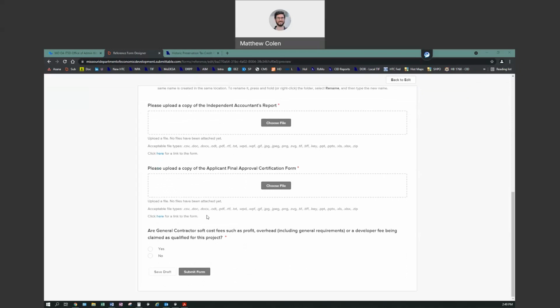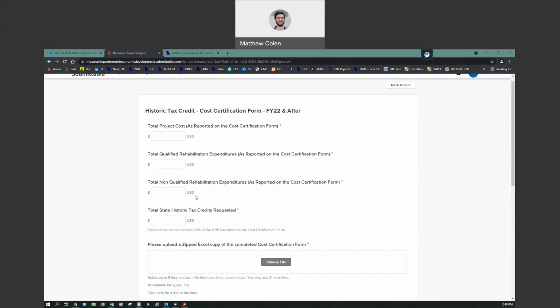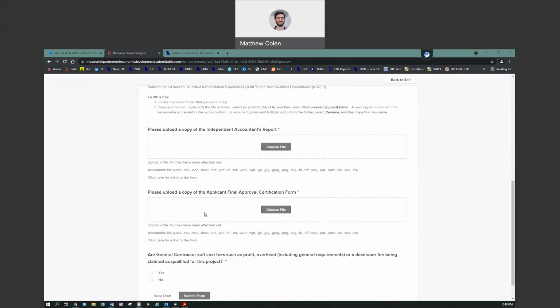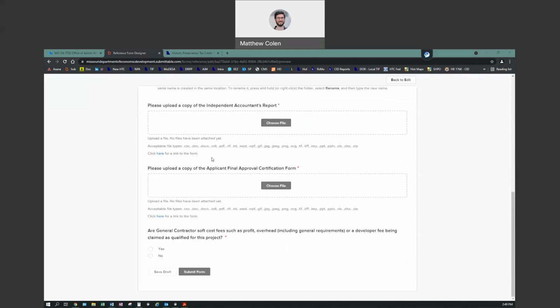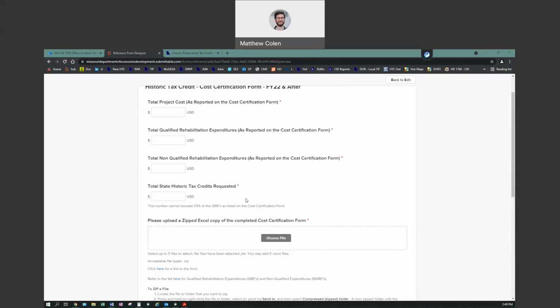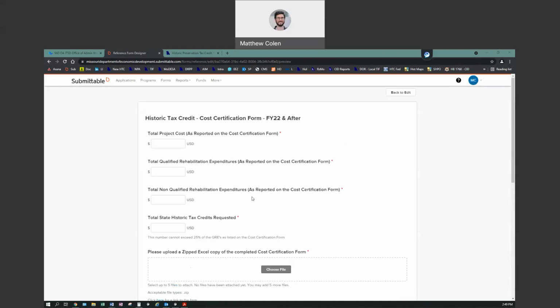And it's important to note the key change to the process: you'll notice there's no field here for uploading any sort of bank statements, credit card statements, invoices, any of that sort of stuff. So the DED proof of payment review has been removed from our processing. We're no longer going to be going in and doing a review on the actual payments and requesting missing documents for the checks and all that sort of stuff.